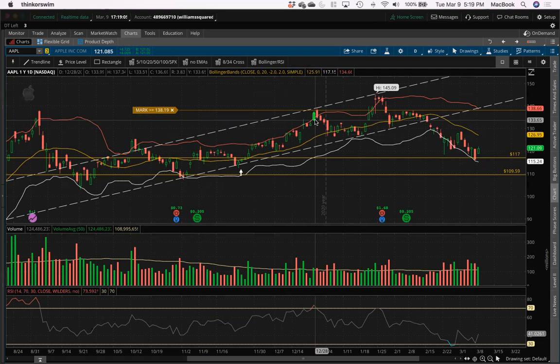I mean, not just exit, but also maybe I want to do a put play because it's riding the outside of the bands. At least maybe I can play it from the band price at this day, which was 135, 136, down to at least the mean, which is 128.27, the 20-period simple moving average.